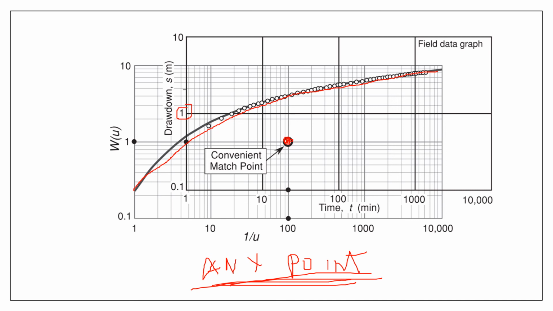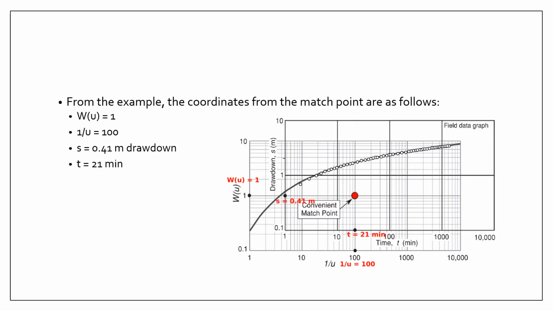So for this example, we picked a point where W(u) is equal to 1 and 1 over u is equal to 100. From there, we also have to read out the equivalent drawdown at that point, and the time t at that point.